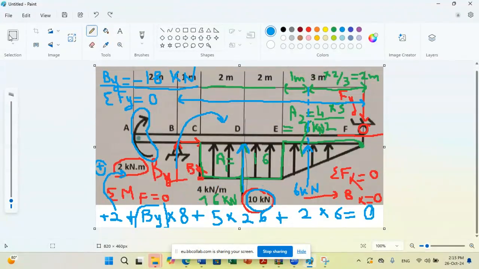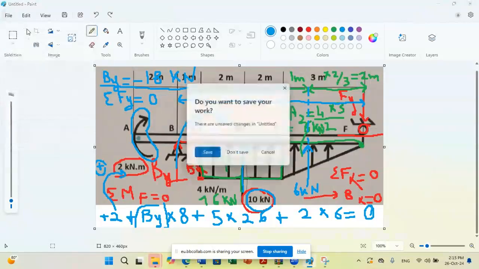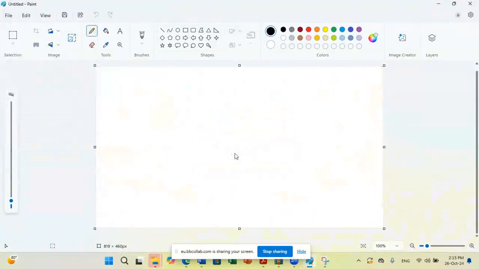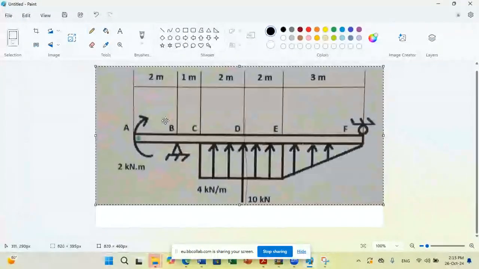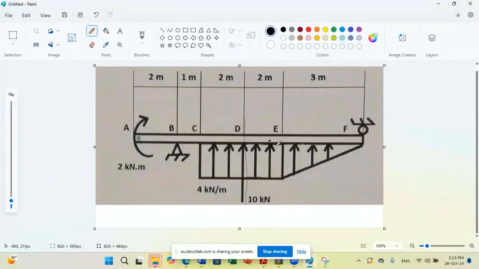Let me put it again. Now, if I write sum of forces, By I assumed to be up, but I got a value, so you can write here that By is minus 18.